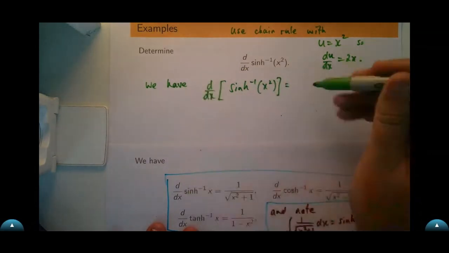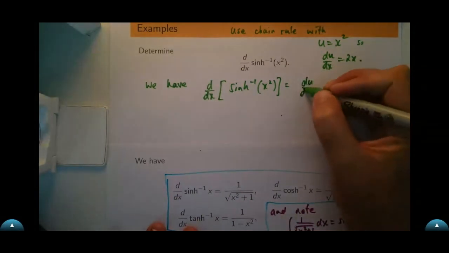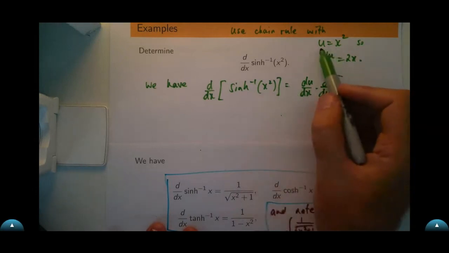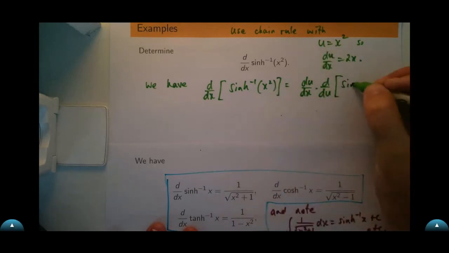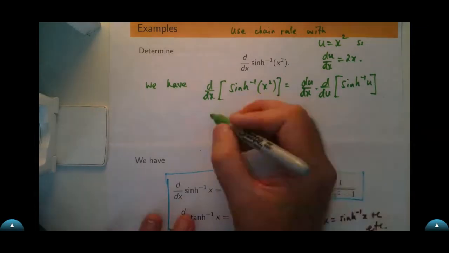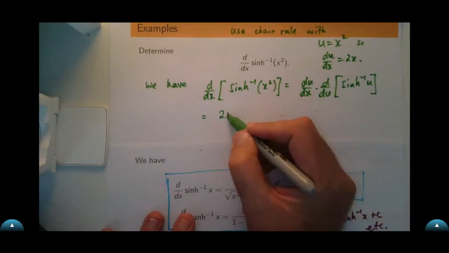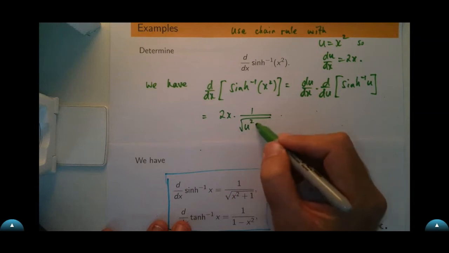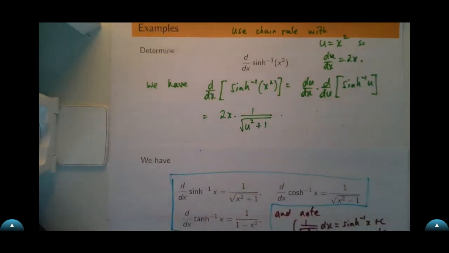So we're going to change this, and I'm going to make the substitution u equals x squared. Okay, so du dx is that. d du of inverse sinh is that, or with x replaced by u. So it's going to be 2x times 1 over root u squared plus 1.